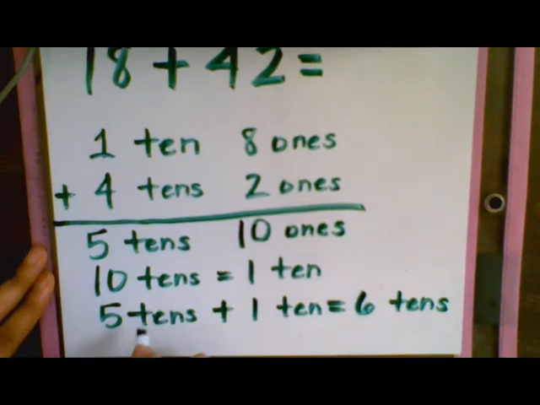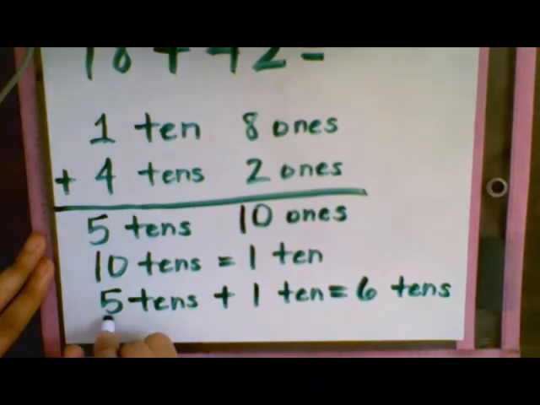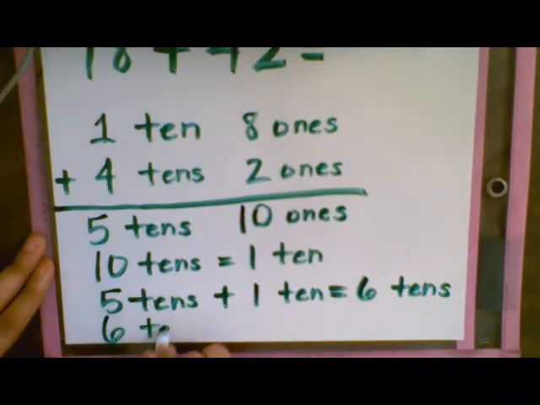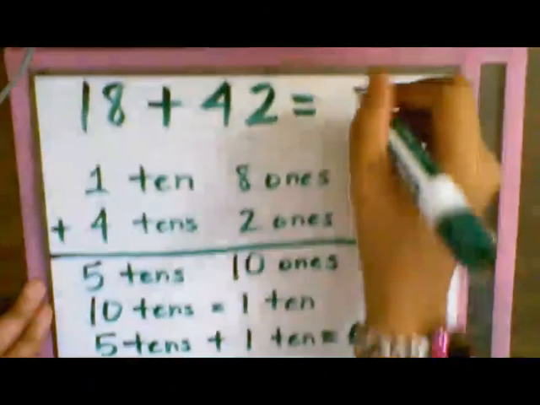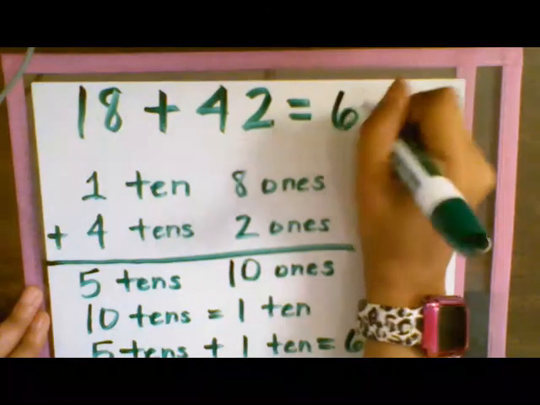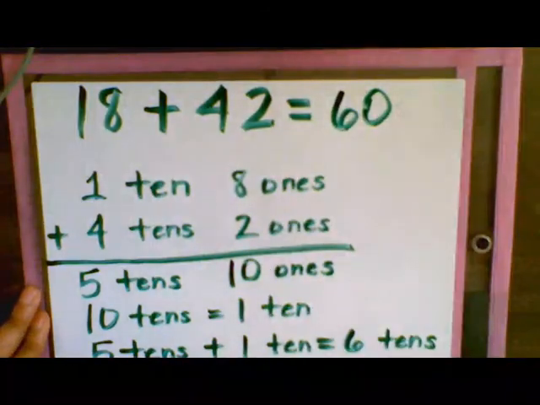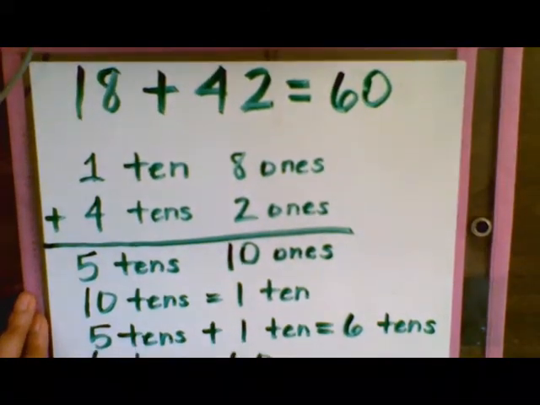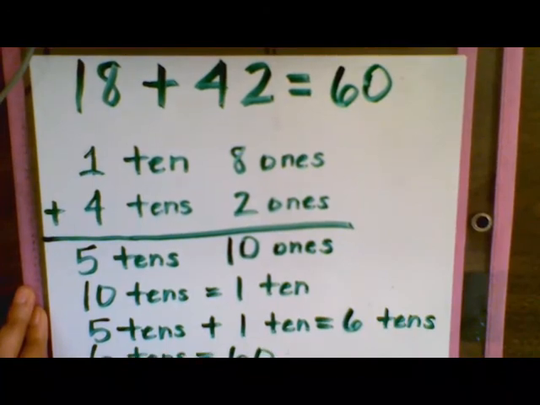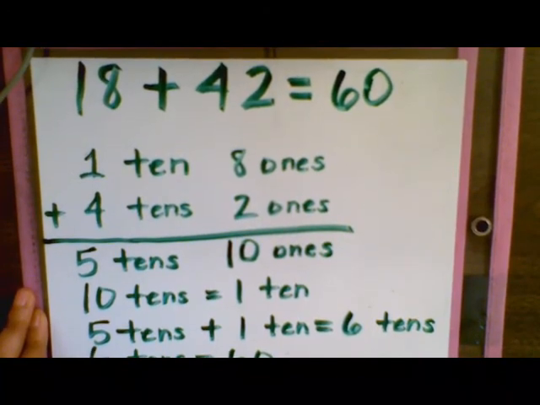So we are going to write here at our very bottom, 6 tens equals 60. So our answer is going to be 60. Alrighty. So I hope you can see that. I'm going to move it up and down just a little bit so I can try to get all of it in the screen.